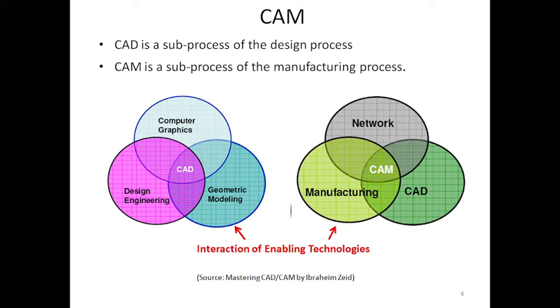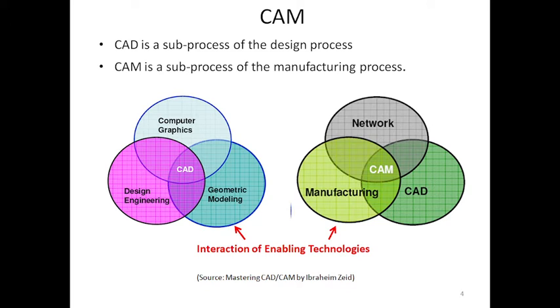On the other hand, CAM is also considered to be an intersection of three domains. One is the knowledge about manufacturing. The other one is the computer-aided design or the geometric model, all the three things which have been discussed for defining CAD.